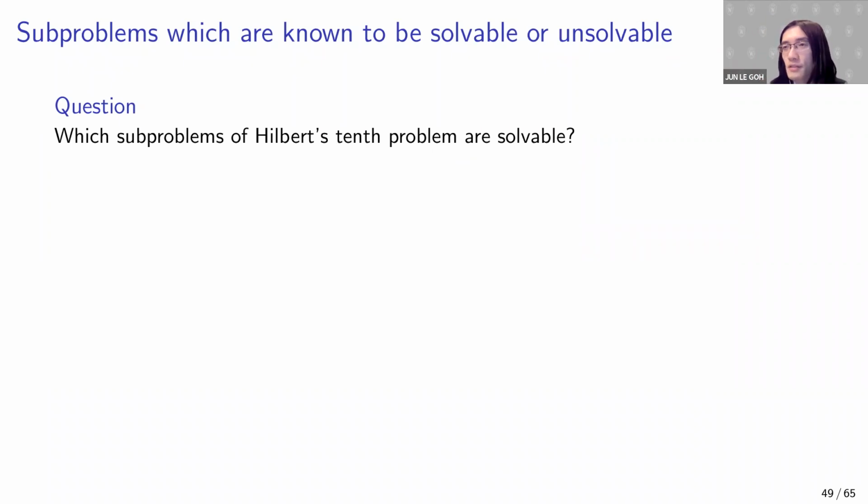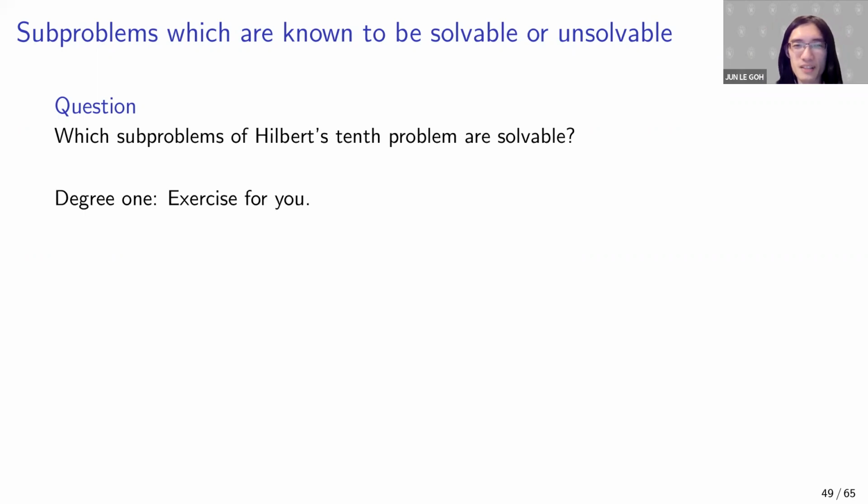Maybe there is no process that works for all Diophantine equations, but we can maybe have a process that works for all Diophantine equations satisfying some special restrictions. This has been studied for a very long time, since antiquity.